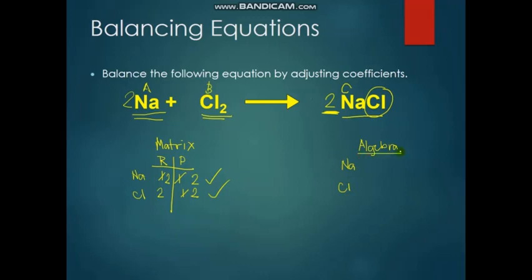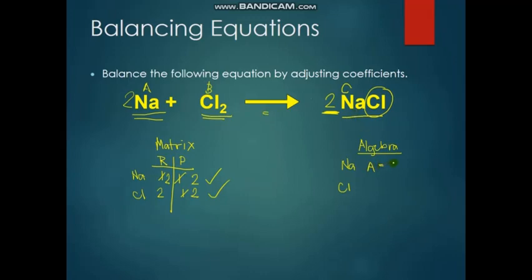Good thing about algebra is that you don't need to mind whether polyatomic ions are present in both or absent or only present in one side of the equation, because in algebra you'll be able to compute the coefficients even though you break down the polyatomic ions. So we have here sodium. You can find it at variable A. So write A, and if you're going to go to the other side of the equation, write equal.